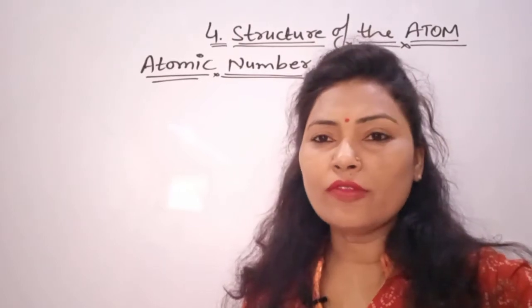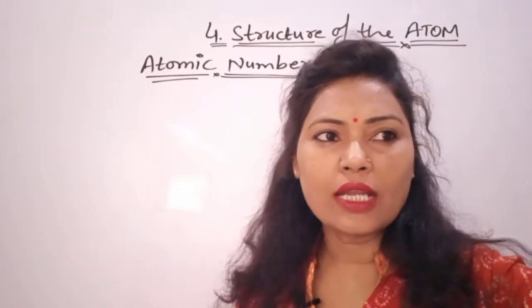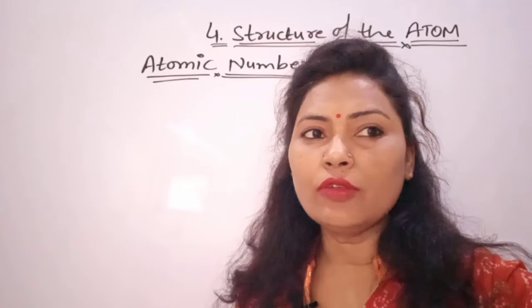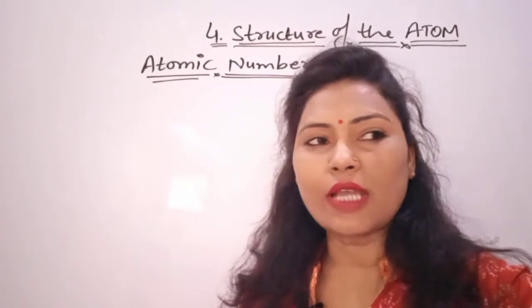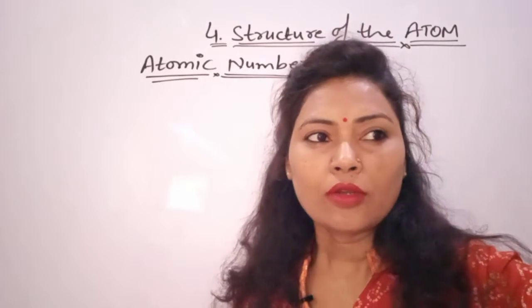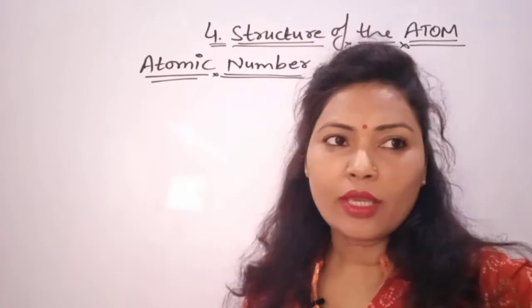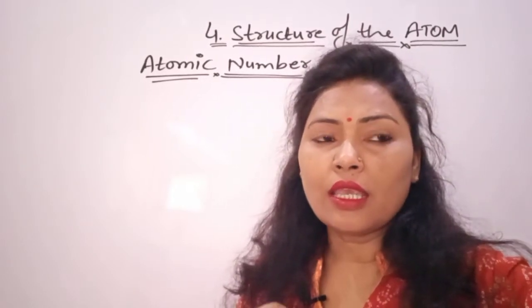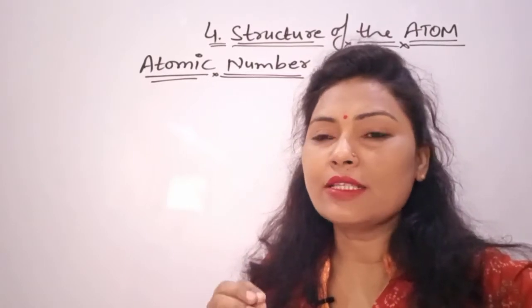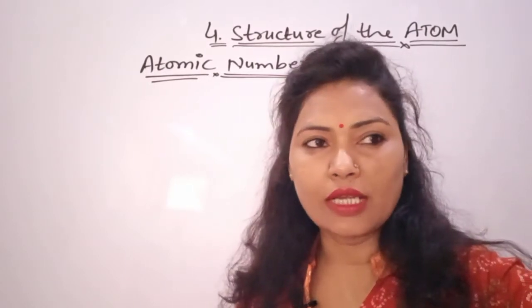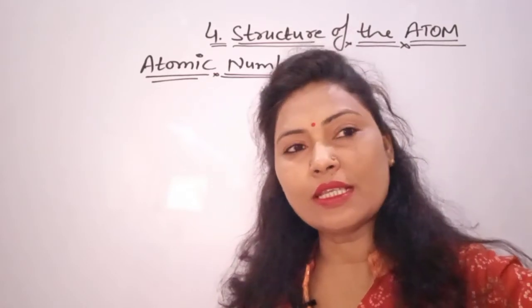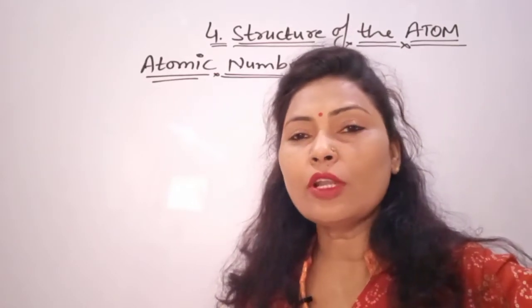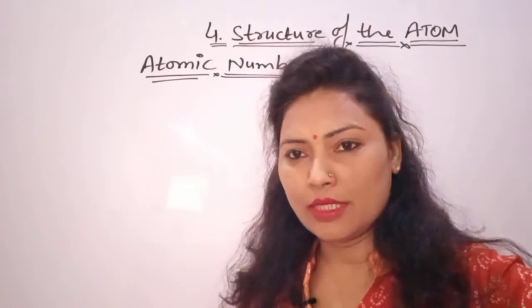So the number of positive charge on the nucleus, which is called nuclear charge, is equal to the number of units of positive charge on the protons in the nucleus. Since each proton has one unit positive charge, the number of units of positive charge on a nucleus is equal to the number of protons in the nucleus.